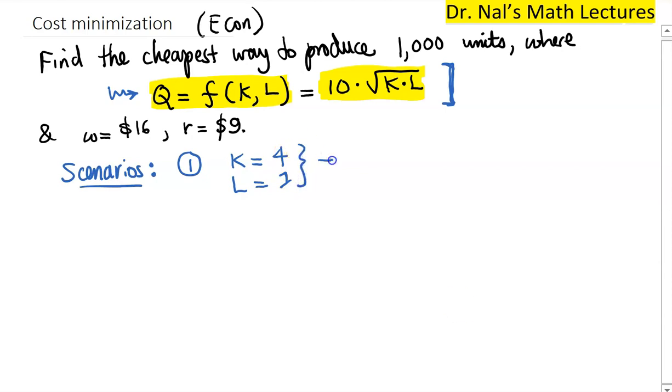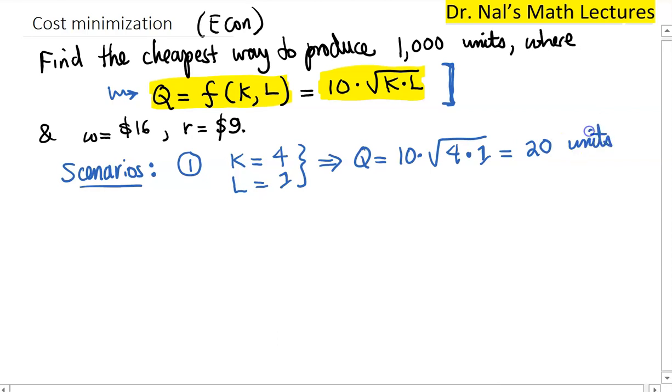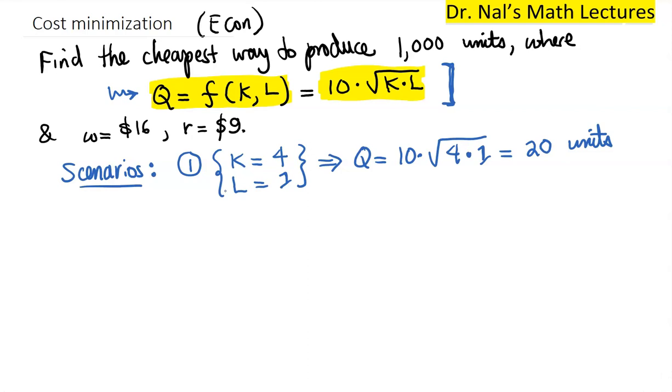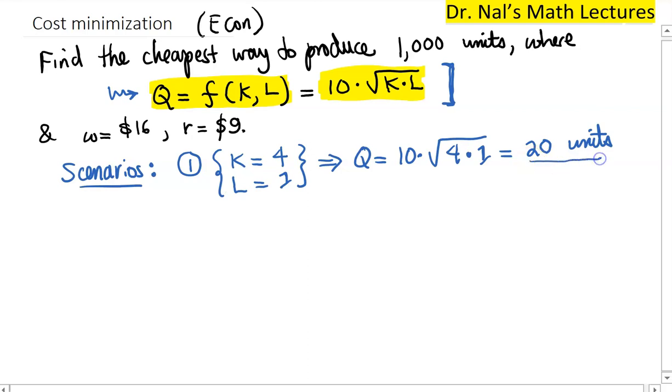Combining these, we would have produced Q equals 10 times the square root of K is equal to 4, L is equal to 1, multiplying them out, 4 times 1 is 4, square root of 4 is 2, 10 times 2 is 20. So we would have produced 20 units, hypothetically, if we were to use 4 machine hours and 1 labor hour combined. That would have given us 20 units of output as this company.